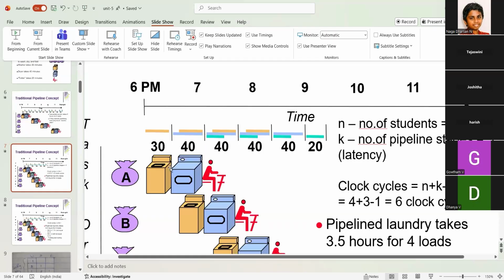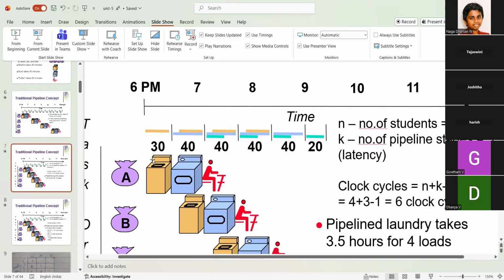As I said before, the first person will first put their clothes into the washing unit. After these 30 minutes are done, they'll transfer it to the drying unit. While the first person has the clothes in the drying unit, the second person puts theirs into the washing unit.